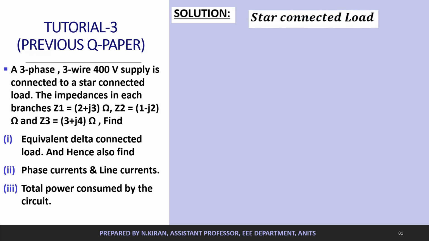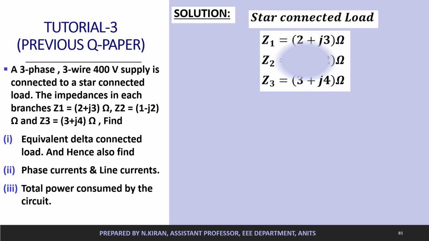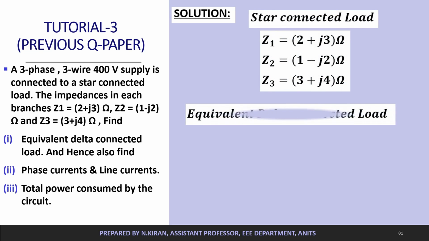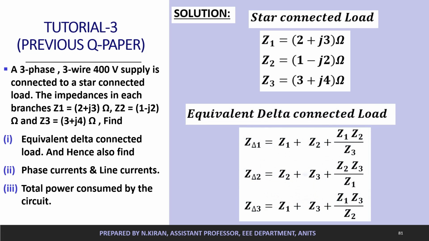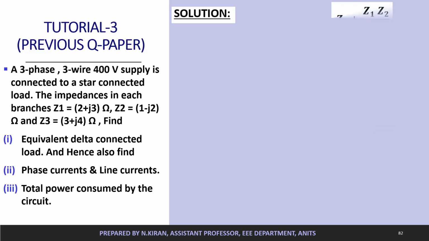Since this is a star connected load, the impedances are given: Z1, Z2, Z3. For the equivalent delta connected load, we know the formula to convert the star connection into delta connection. So on applying the corresponding formula, we'll find the corresponding impedances of the delta connected system.